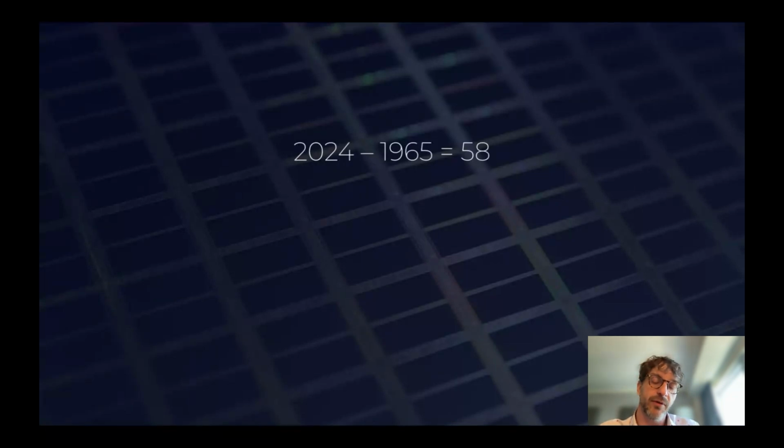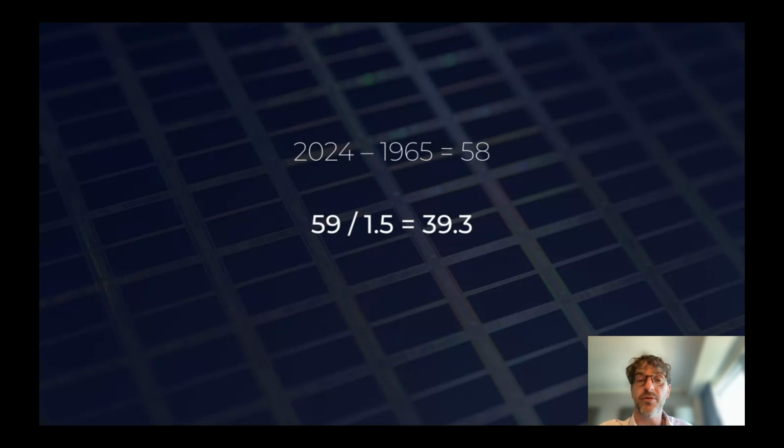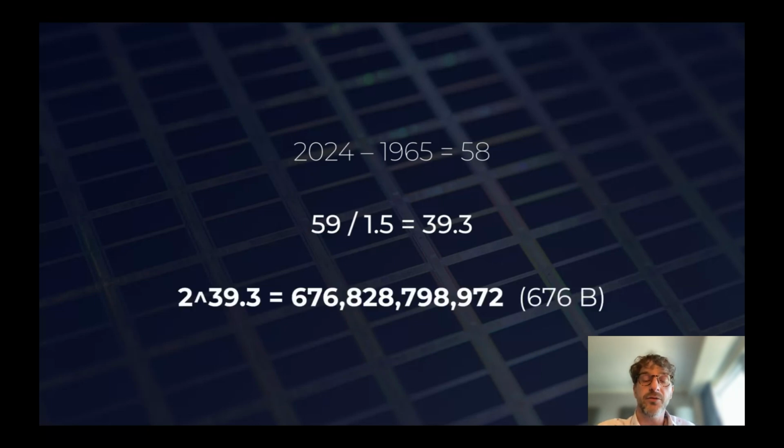Now, you can do some really interesting math with this knowledge. How many 18-month periods have passed since 1965? The answer is 39.3. 2 to the power of 39.3 gives you 676 billion. So what this is telling you is that today's computers are 676 billion times stronger than they were in 1965.